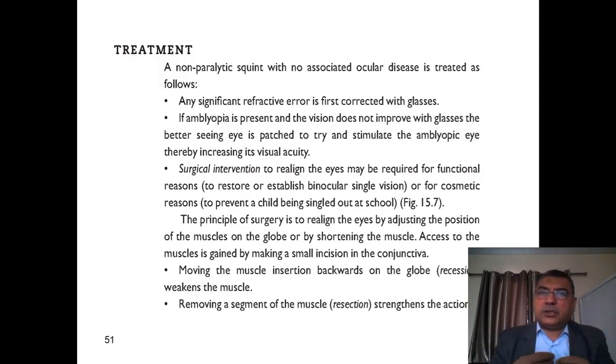Recession of the muscle which we consider as strong, pulling the eye in each direction, and resection of the muscle which we think is weaker and the eye is deviating away from it. So this will bring the eye in the primary position again. So the treatment of non-paralytic strabismus: glasses, amblyopia treatment, and surgical intervention.